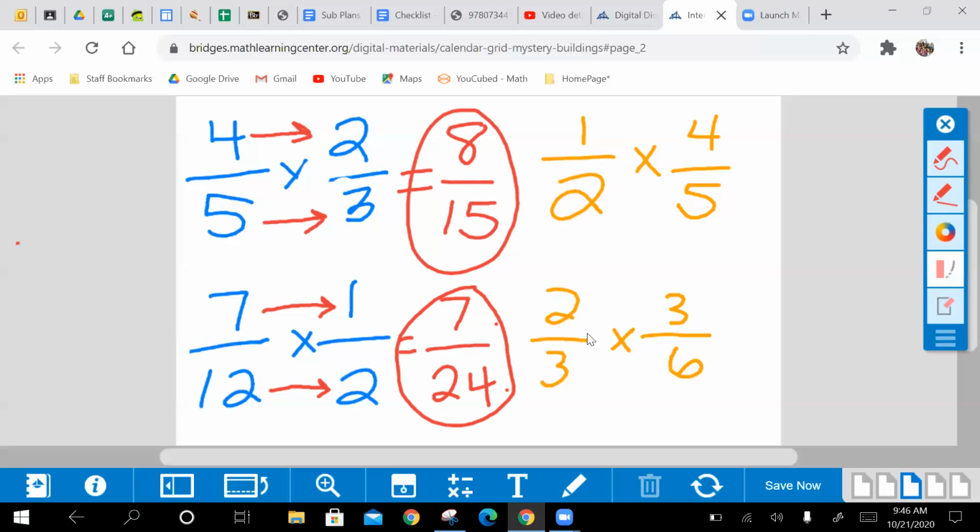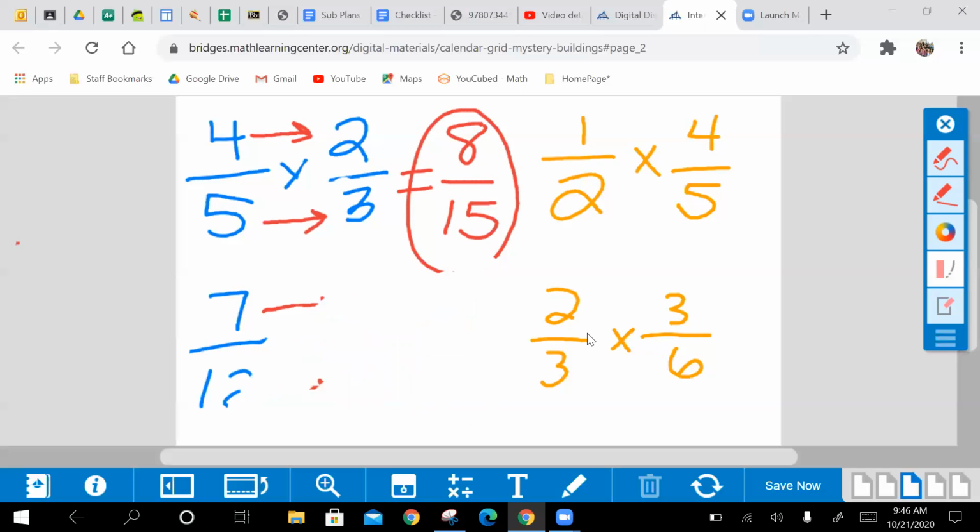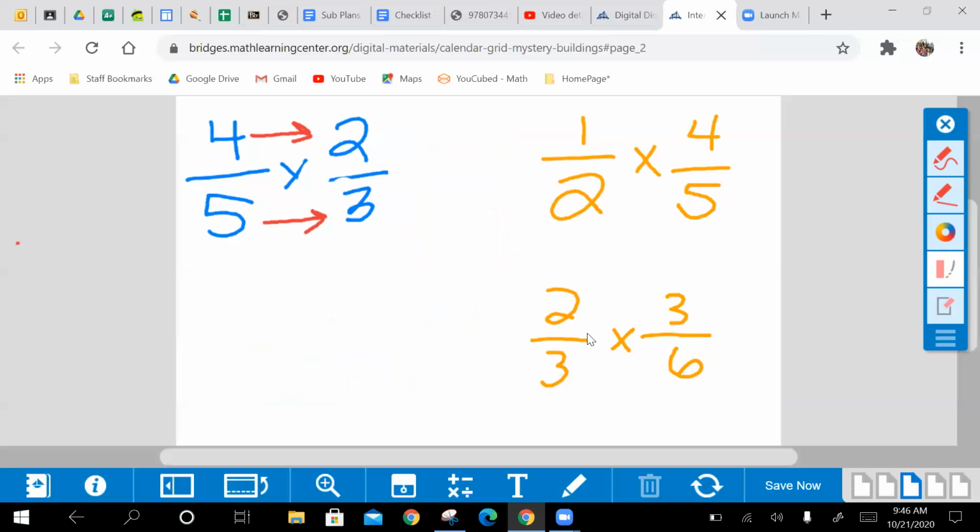So to give us more room and to make the page a little less crazy, I'm going to go ahead and erase this. And we're going to work on these orange problems. While I'm erasing, I want you guys to look at this top orange problem.